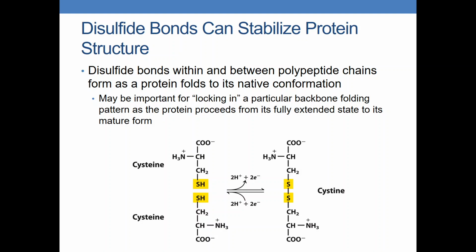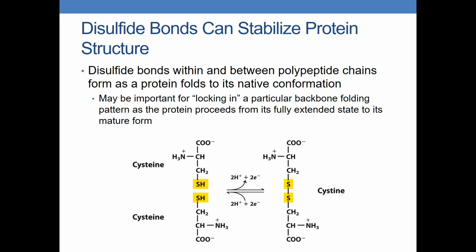Now this is interesting because when we talk about the order of events here, the hydrophobic effect is going to sort of guide your initial structure. The next step is going to be the fine-tuning of that tertiary structure via hydrogen bonding and electrostatic interactions.